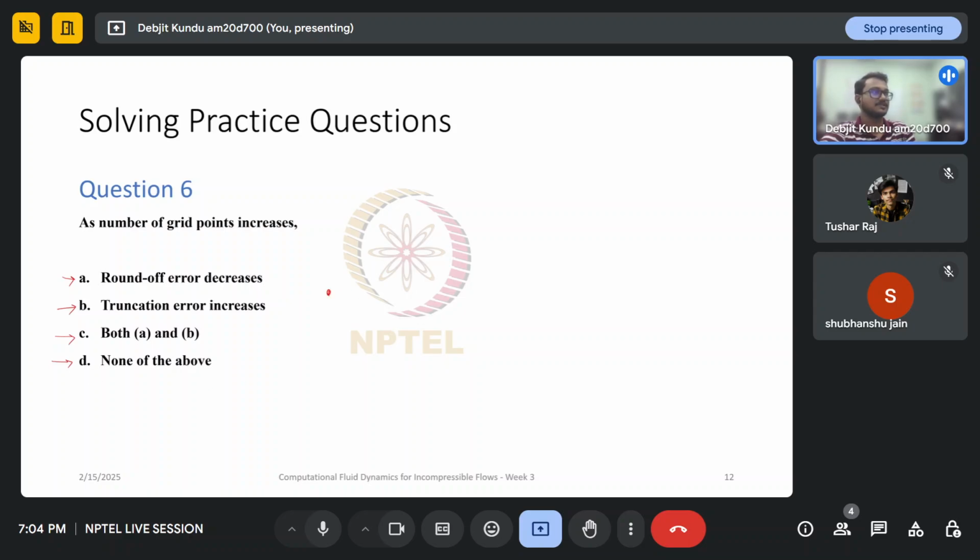So for the same case, if I have, let's say, only 3 points, and for the same case I take 300 points and then try to solve it, what will happen to these two errors, the round off error and the truncation error? Does it go up? Does it go down? What happens?